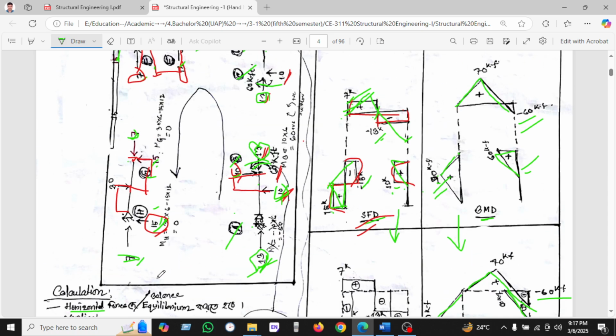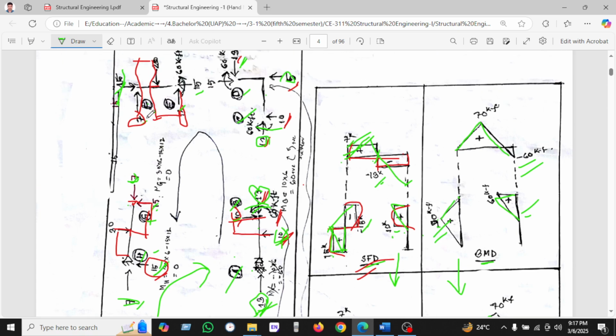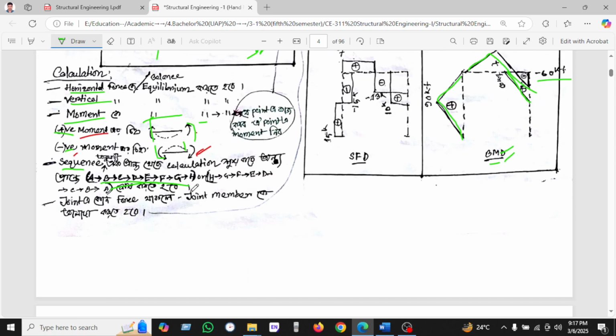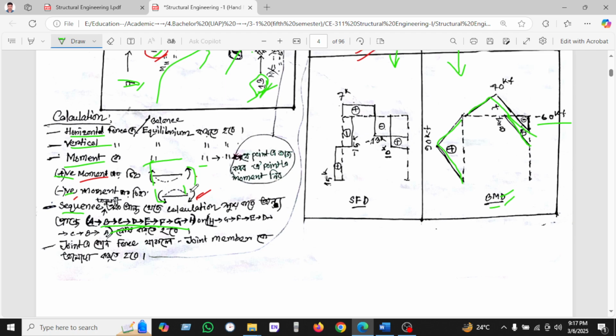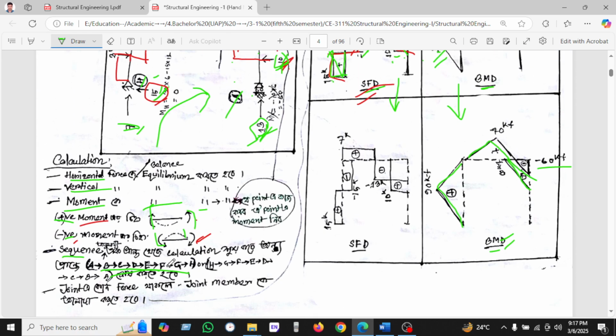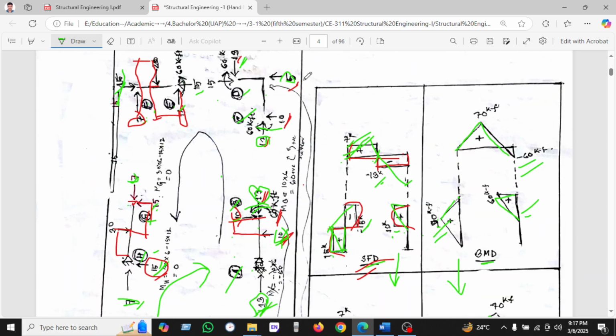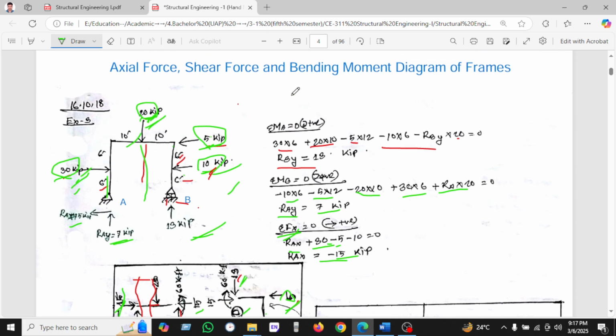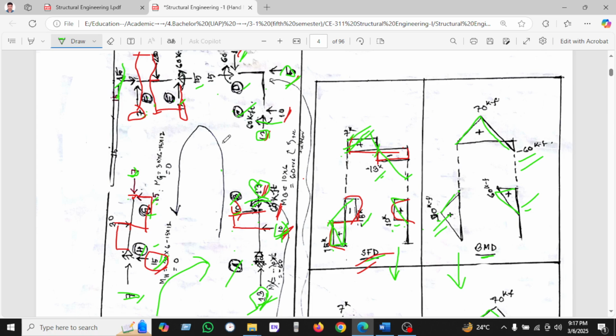Or we can use the reverse way, H G F E D C B, but you must abide by the sequence. So if you have any force in a joint, then the joint member will be separated like this way. We have seen the joint member here.